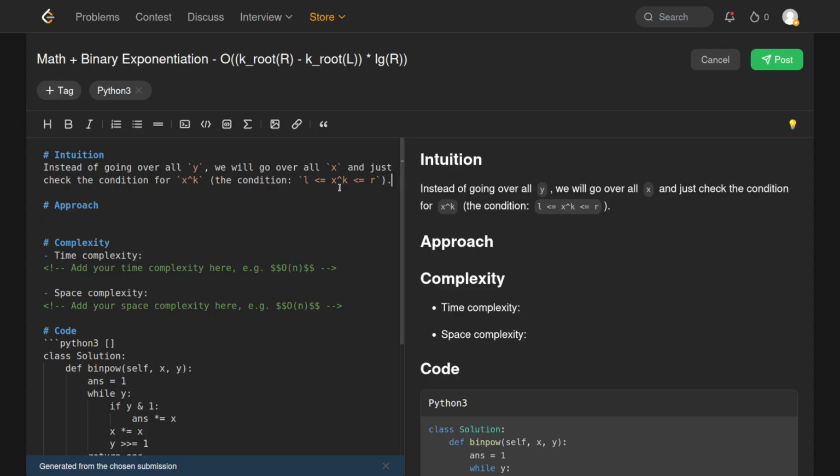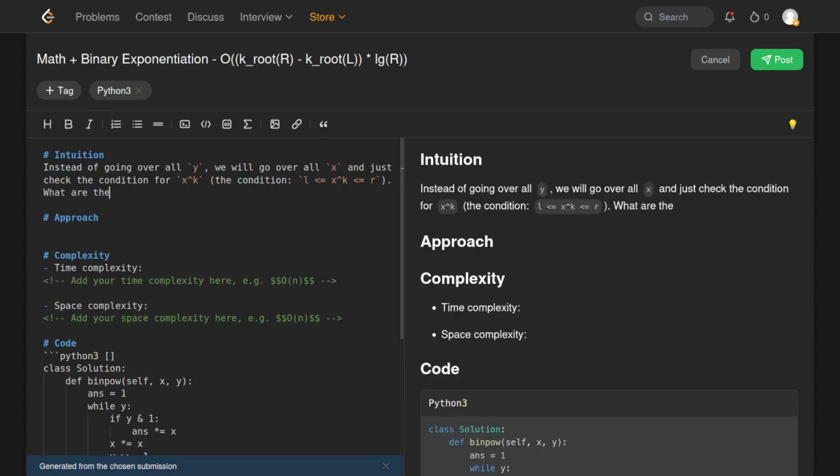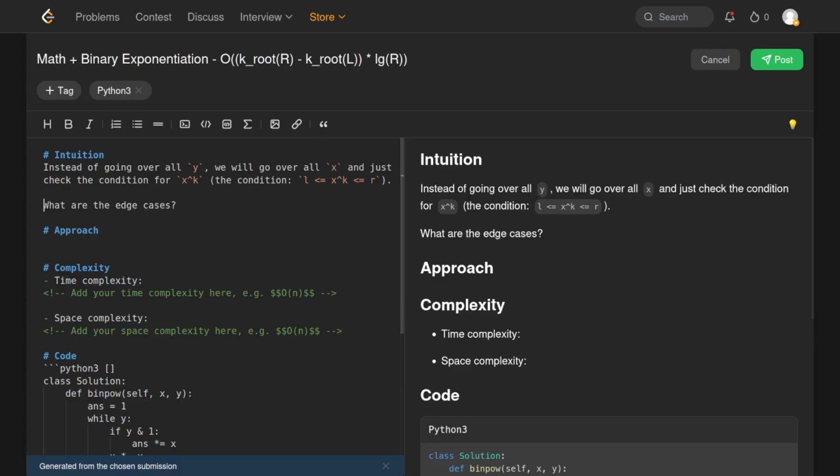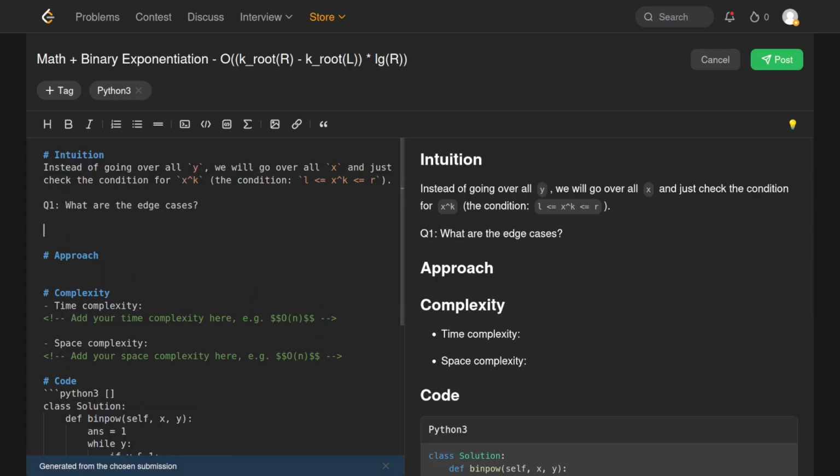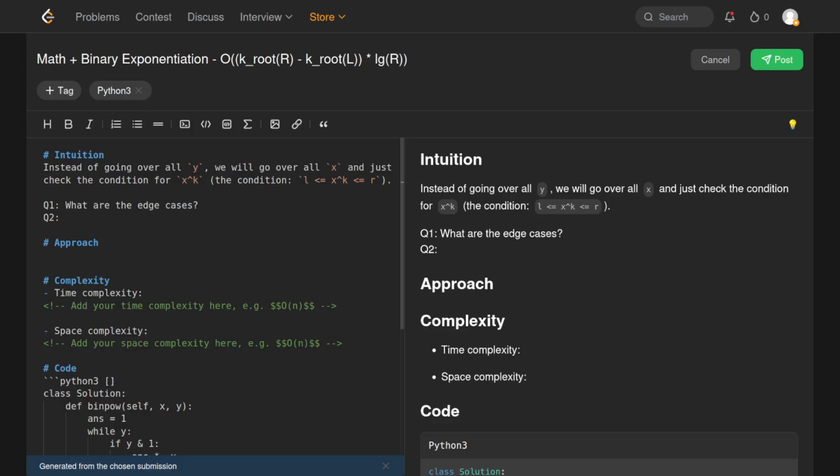Now, first of all, what are the edge cases? Question 1, what are the edge cases? And question 2 is what values of x do we iterate over?